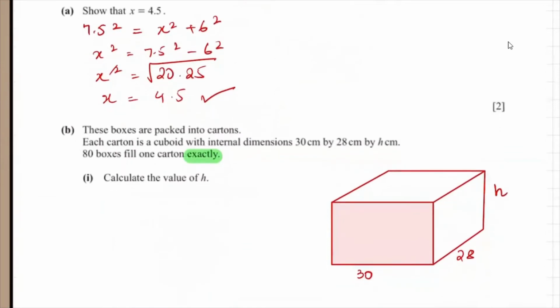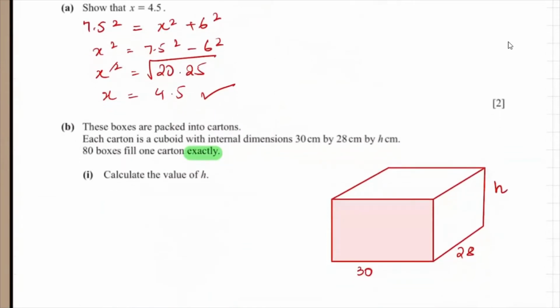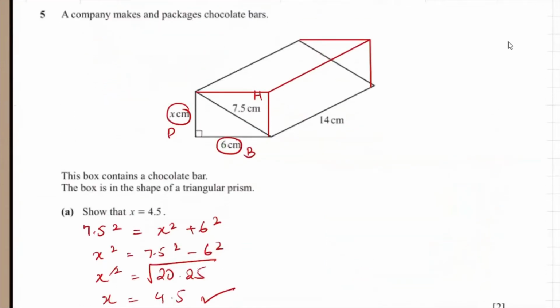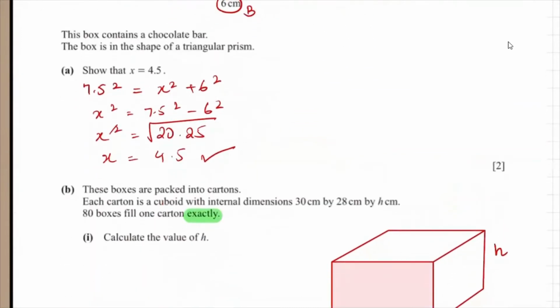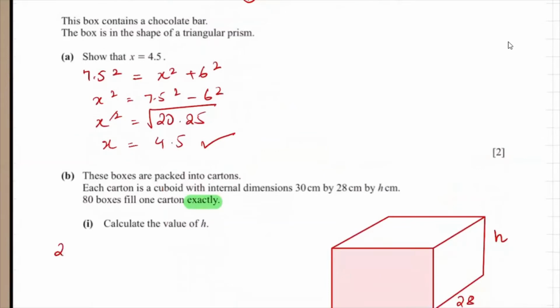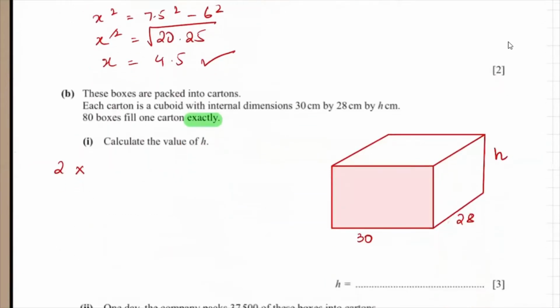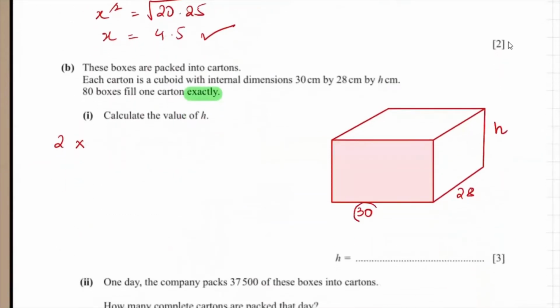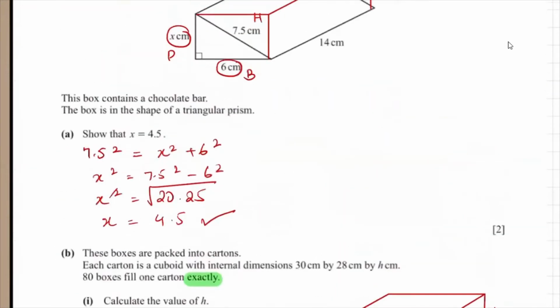Now, the question says calculate the value of h. Since I've added two of these together, I'm going to multiply my calculation by 2, and then there's 30 as the length here. The length over here is 6.